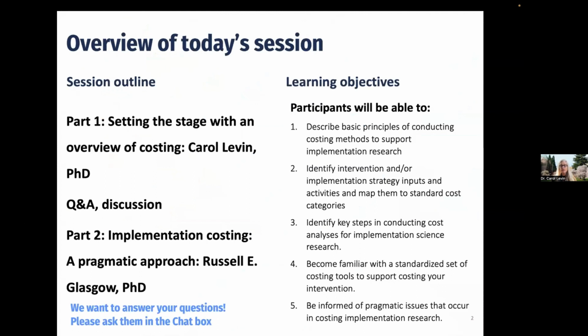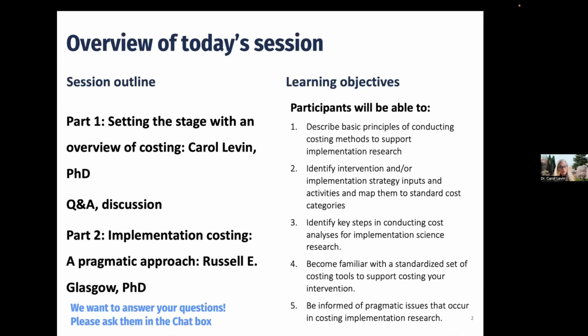I'll let you review the learning objectives, but I plan to set the stage with a basic primer on costing, regardless of whether it's interventions or implementation strategies. These are the basic principles of costing. Then we'll have a discussion, and Dr. Glasgow will start to raise some of the pragmatic issues when focused on implementation costing.